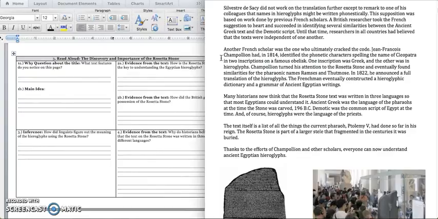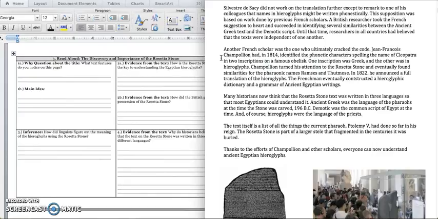Jean-François Champollion had in 1814 identified the phonetic spellings of the name of Cleopatra in 2 inscriptions on the famous obelisk. One inscription was Greek and the other was in hieroglyphs.